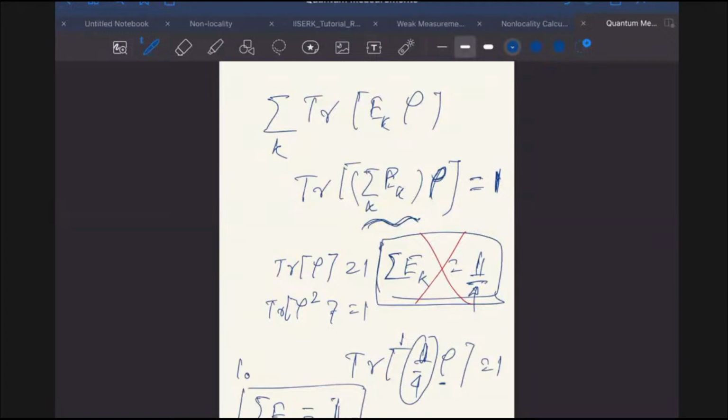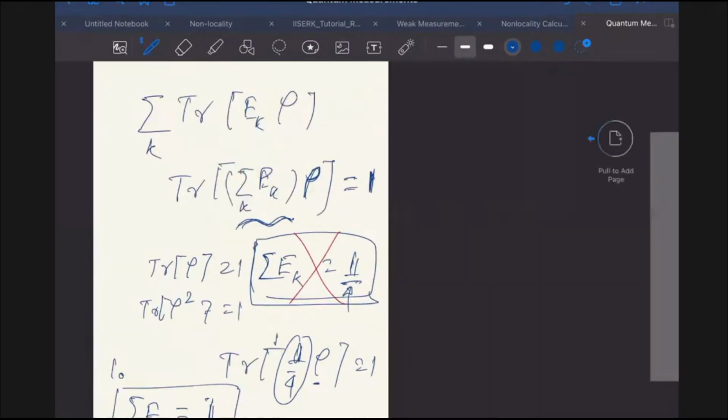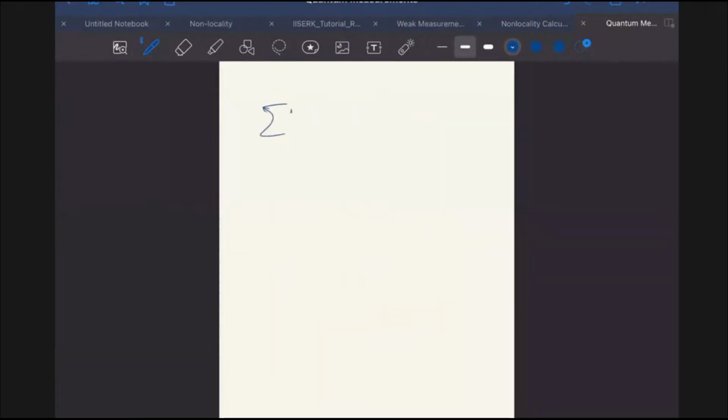I have a question. You write the sum over ek equal to rho. Why can't it be? Because it satisfies the equation, trace of the sum over ek rho equal to 1. It satisfies everything. So then why are you taking the sum over ek equal to identity? Then this thing will be rho into rho, right?